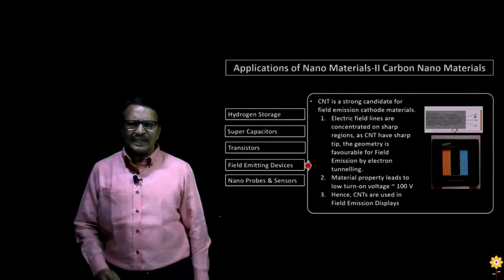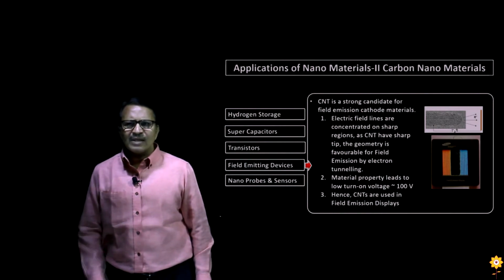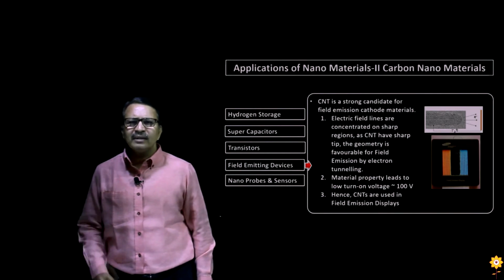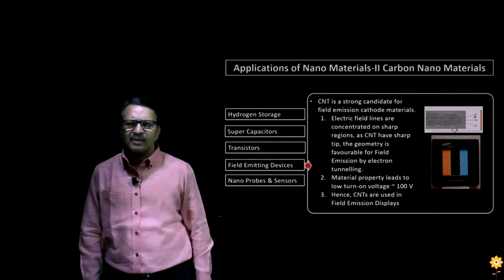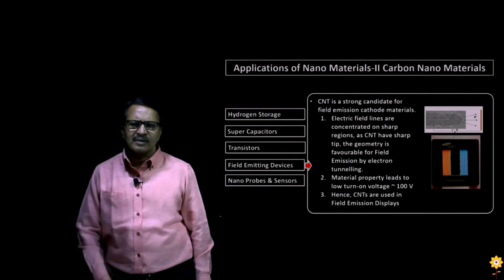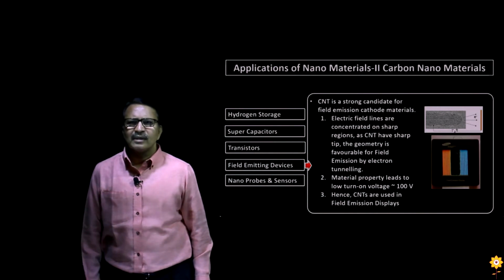Due to this material property, the field turn on voltage can be as low as 100 volts. Not only that, but due to this property of field emission of electrons, these carbon nanotubes can be used for field emission displays.